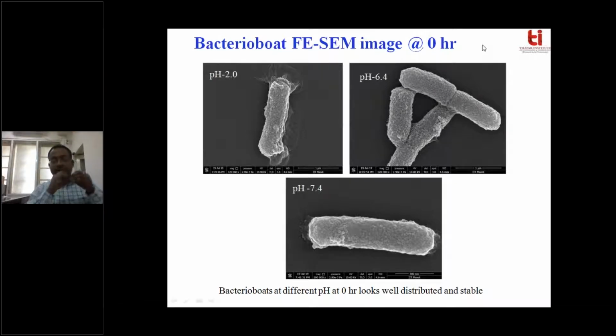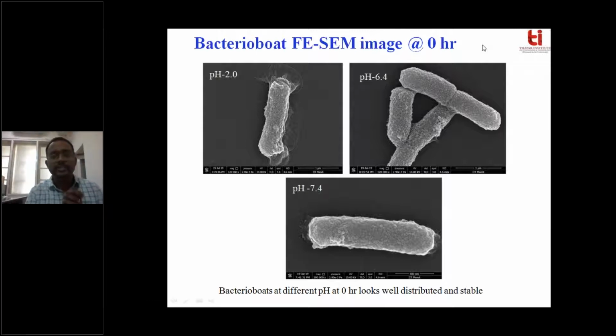When the intestine is very close to the stomach, the pH remains around pH 2, and then it keeps on growing, and the average pH in the intestine is around 6.4, and when it reaches all the way to the large intestine, its pH remains around 7.4. So we work in all these three pHs to check the stability.